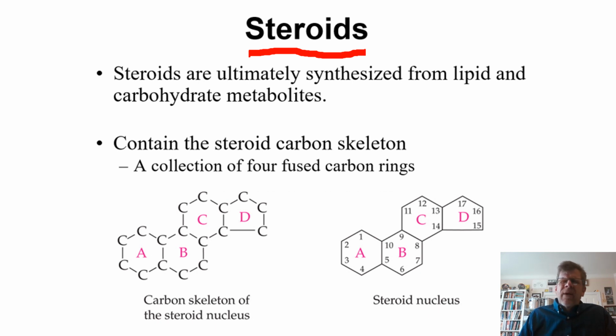Whereas with the eicosanoids or arachidonic acid it is very easy to see that fatty acid precursor, steroids are also ultimately based on fatty acids, but they're very far downstream in the building process. It's very difficult, if not impossible, to see the original fatty acid framework in a steroid skeleton. So we'll talk about that a little bit more in a moment.